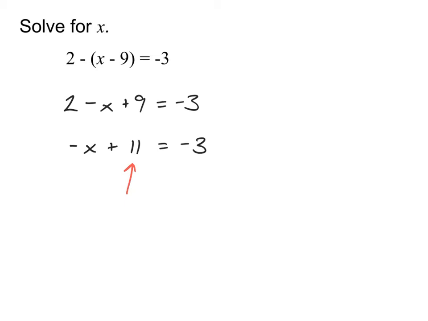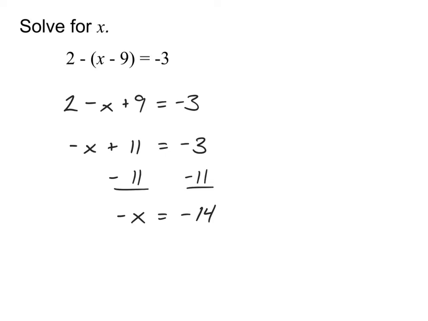And notice that since the 11 is positive, I'm going to have to get rid of it by subtracting 11 from both sides. And so then, on the left-hand side, notice I still have that negative out in front of the x. And so I have negative x equals negative 14.